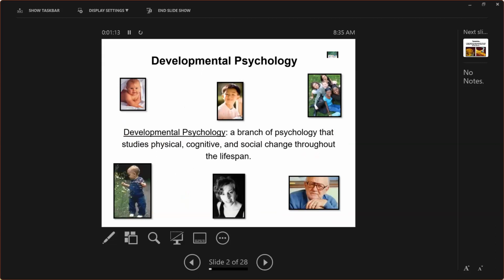And then we'll move through childhood and infancy into the adolescent years and then the adult years, and then look at the end of life or late life as well. Looking at some of the physical, cognitive, and social changes that happen along the way. And each age that we go through has different pressures and milestones and things that tend to be hallmarks of it. And so those are some of the things that we will look at as we go.